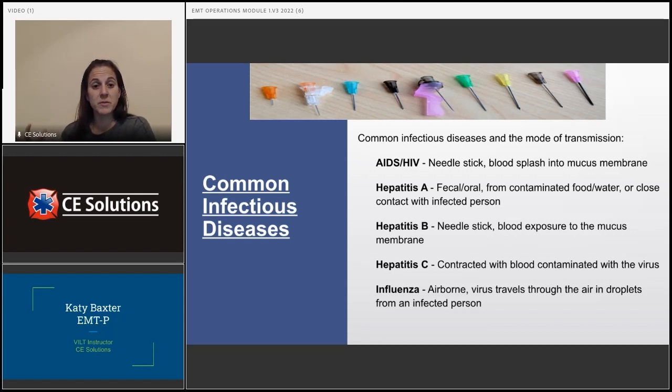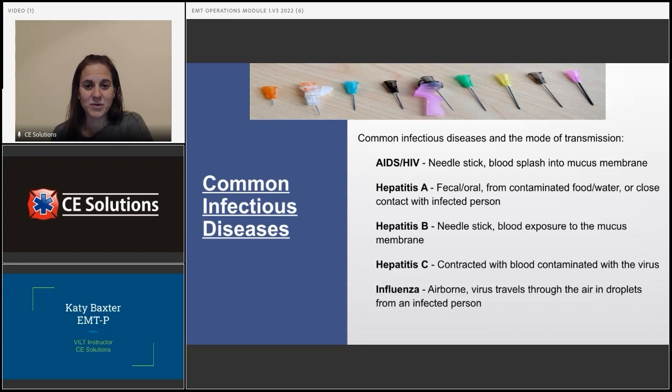So common infectious diseases. This slide's always a fun slide to talk about. So AIDS, HIV, we can contract it, or a person can, through needle sticks, blood splashes into mucous membranes. Let me preface this slide. Let me rewind this for just a minute, right? The CDC reports that 99.7% of needle sticks and cut exposures do not lead to infection.